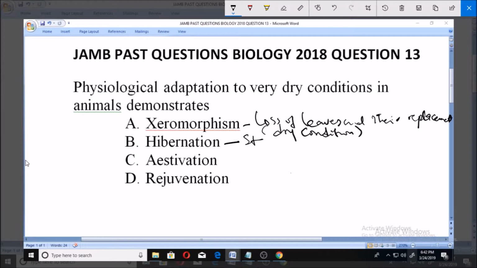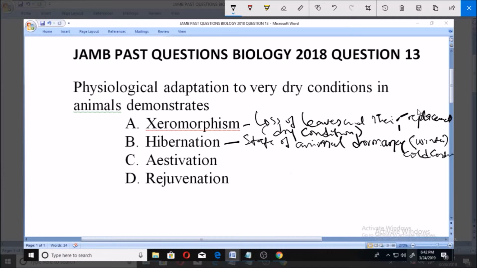When we say dormancy, we mean when normal activity is not happening inside the body. There is low metabolic activity inside the body of the organism. So it is a state of animal dormancy that happens mostly during winter, during cold conditions. It's good we take note of when this happens.